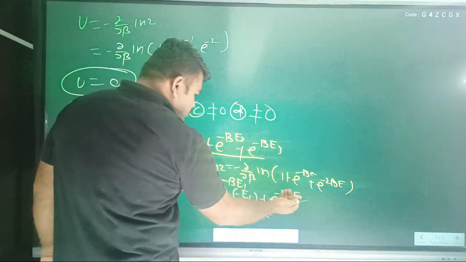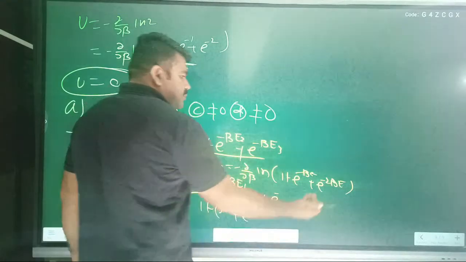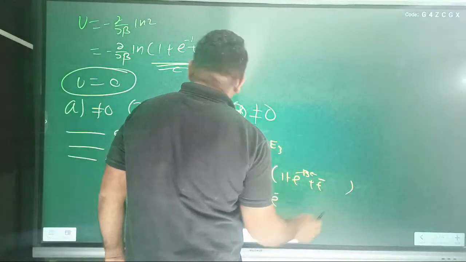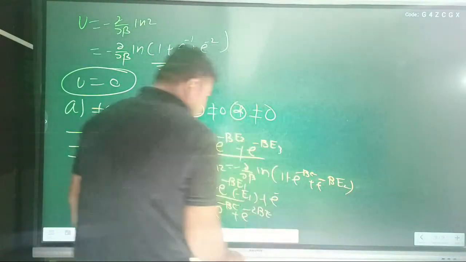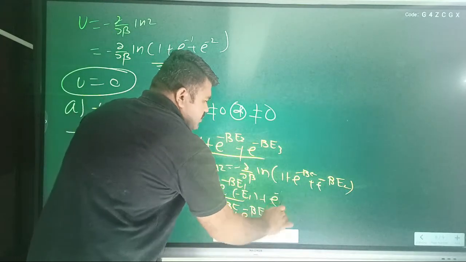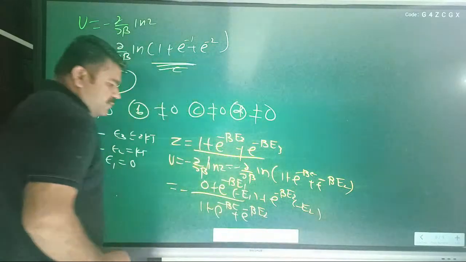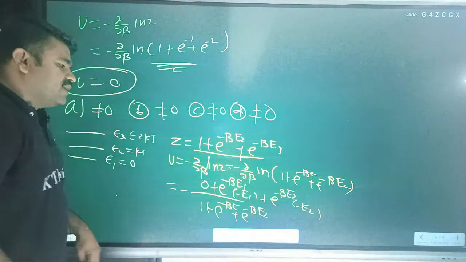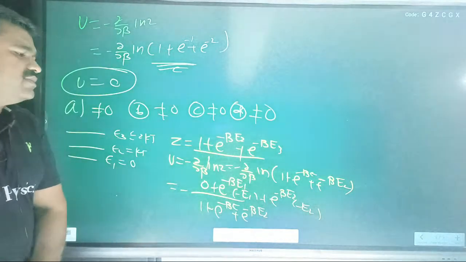Don't take here a 2. अभी 2 बीटा ही लिख दिया ना हमने, तो एनर्जी is also e2 only. बीटा e2, फाइनल हम e2 पुट करेंगे. When this is equal to beta e2 into minus e2. Clear? Denominator is 1 plus e to the power minus beta e1 plus e to the power minus beta e2.